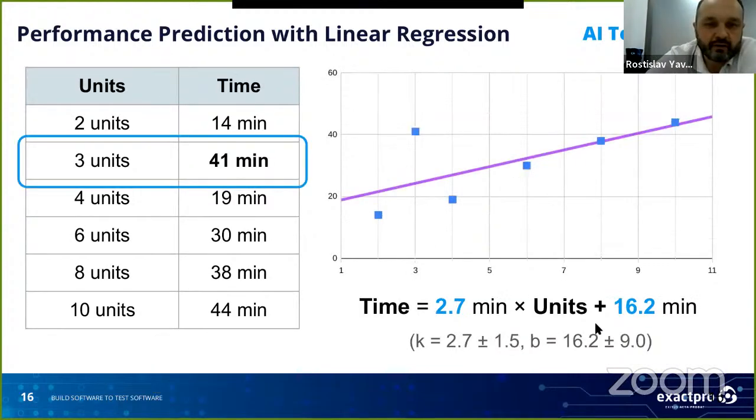But then, now you know this term outlier. So you asked your employee to make 3 units, and the time it required turned out to be 41 minutes. And that could be for different reasons. For example, someone called him, maybe an urgent call, or maybe something happened, you don't know.